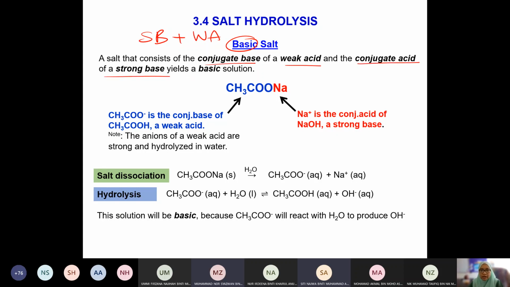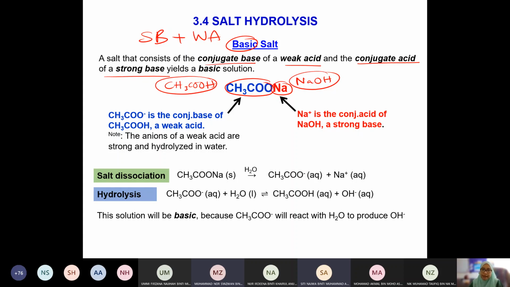CH3COO may come from a weak acid, this is how it looks like, and sodium may come from sodium hydroxide. So when sodium hydroxide reacts with CH3COOH, it will produce the salt.